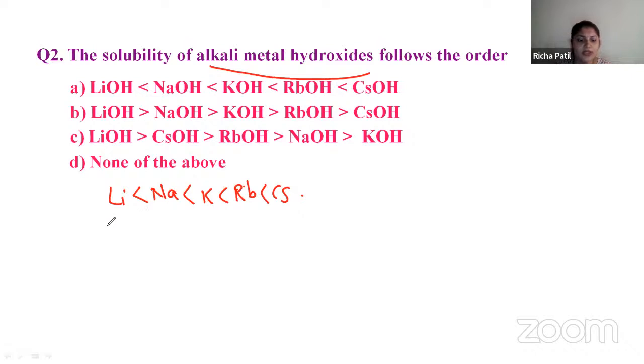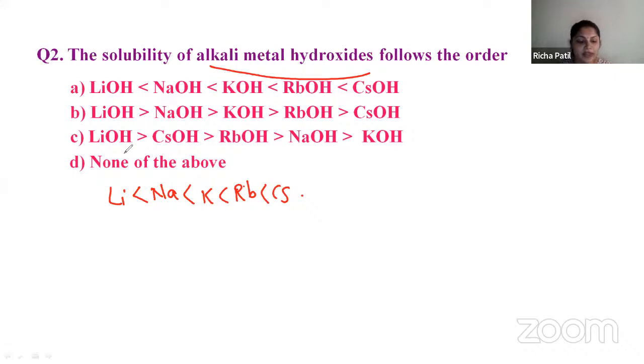The bond dissociation energy of these hydroxides will increase in the order LiOH less than NaOH less than KOH less than RbOH, going down the group. So you can easily break lithium hydroxide as compared to cesium hydroxide.